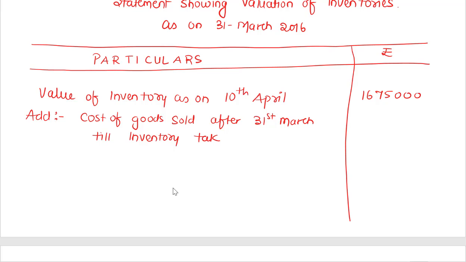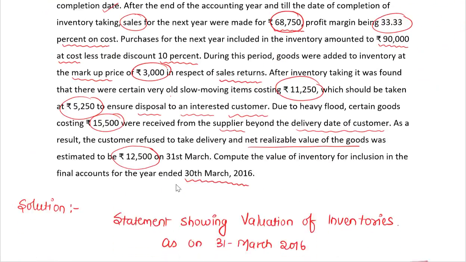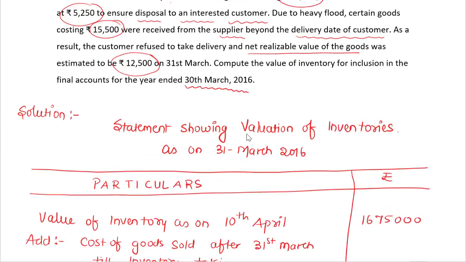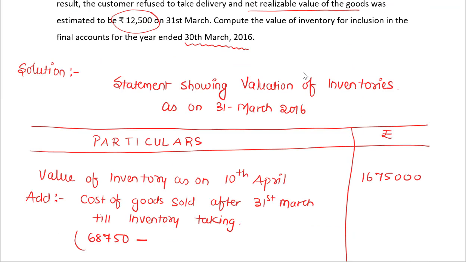The value was 68,750, minus 68,750. So we need to calculate. 68,750 is 100%.